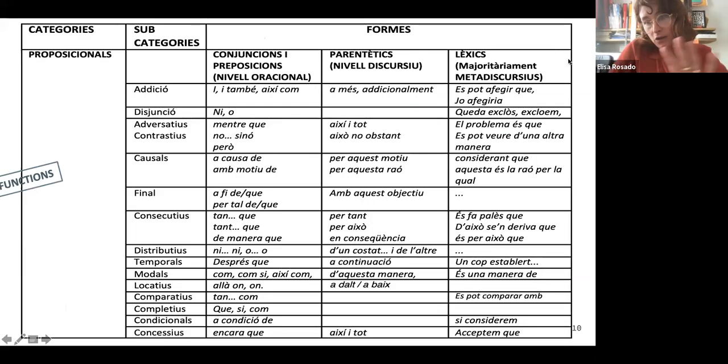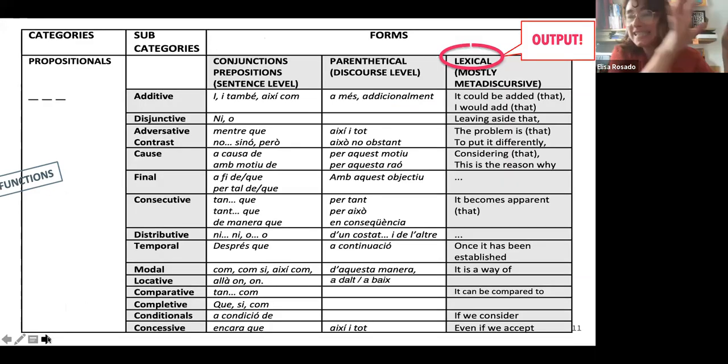So this is how the instrument looks, so to say. I'm not going to go into detail, because what we have here are the forms and the functions in Catalan. We translated it for you. The translation is not necessarily the best one or a literal translation, but the idea is that you get an idea of what elements we are talking about.